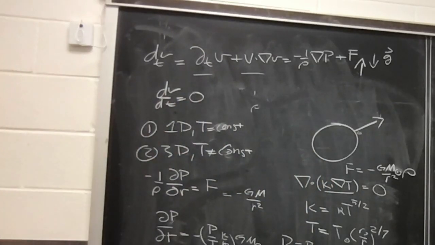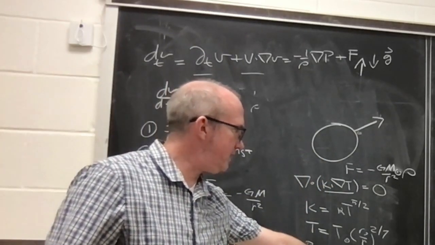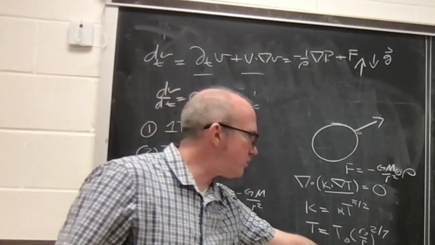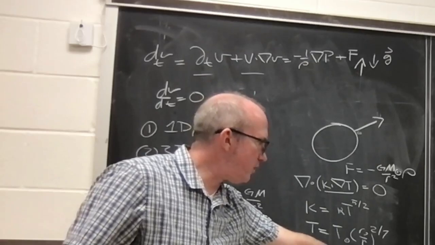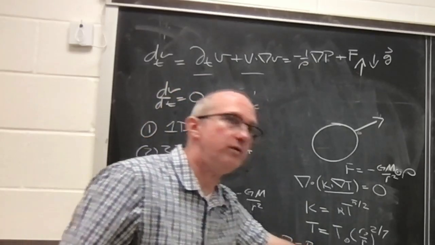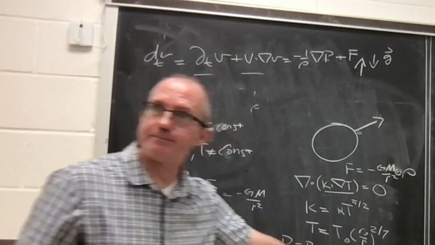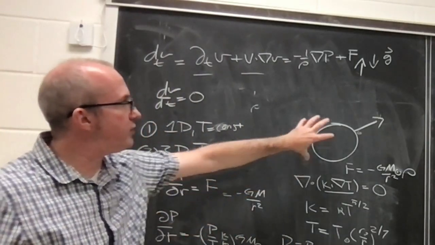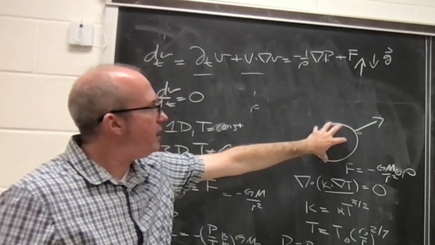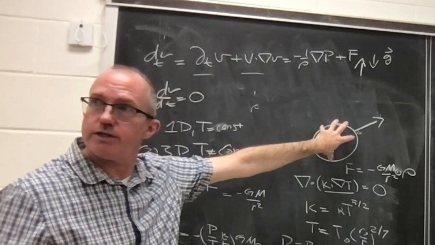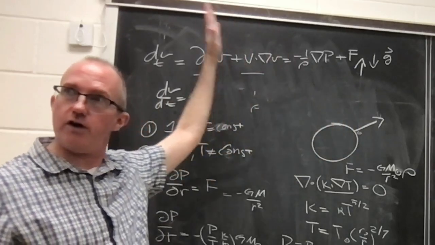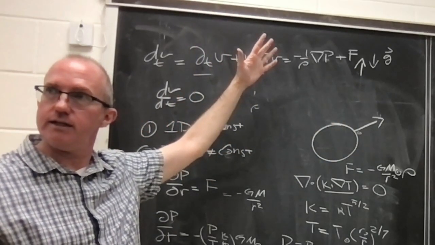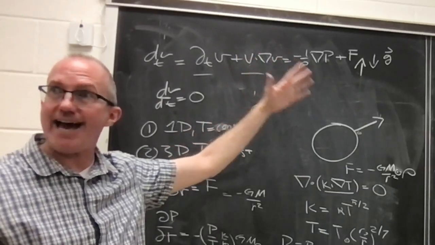The important thing is that as r goes to infinity, this term falls away, but we're left with a non-zero pressure at infinity. So what that says is that if I've got a spherical star and there's some temperature source at the center, temperature is going to fall off, but you have to have some pressure at infinity to keep the wind static.